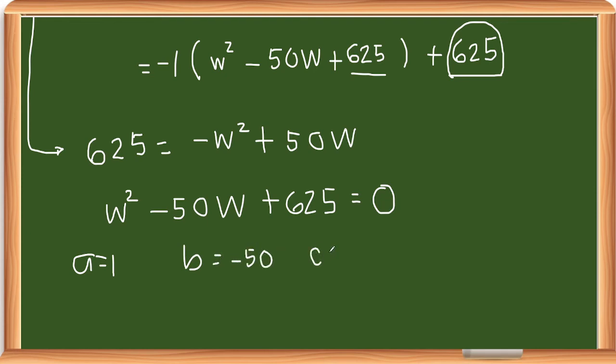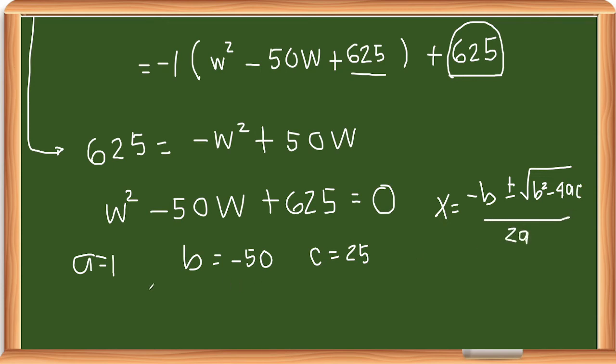And your C is 625. Okay, using the quadratic formula, x is equal to negative b plus and minus the square root of b squared minus 4 times a times c all over 2a.